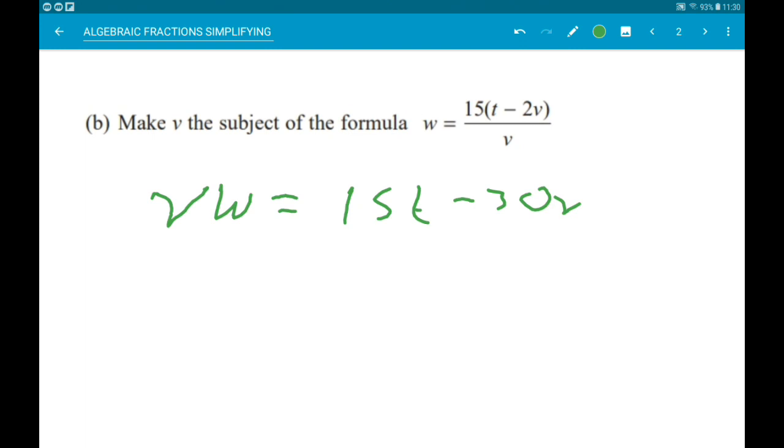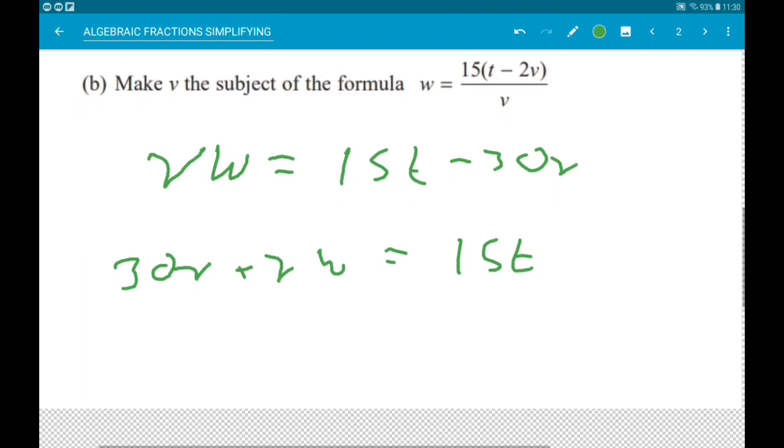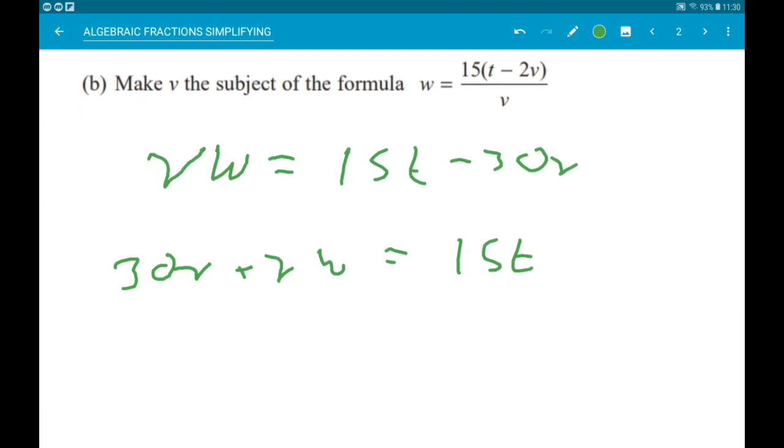Okay, so the thing that we're trying to make the subject, we want to get every term containing that on the same side. So I'm going to add 30v to both sides. So I then have 30v add vw is equal to 15t. Okay, now on the left we have two terms containing v.